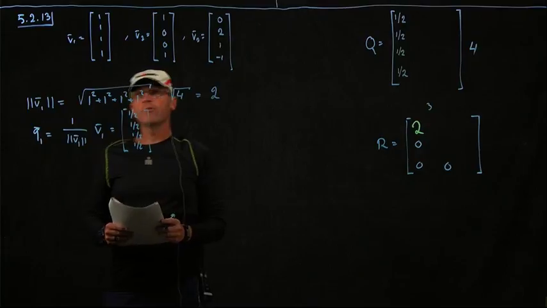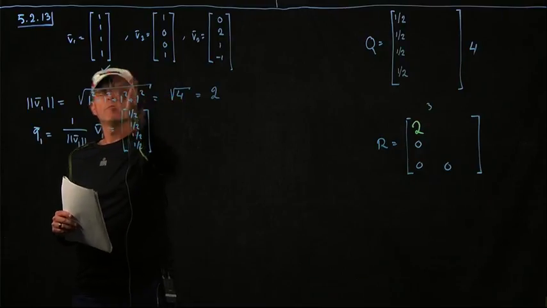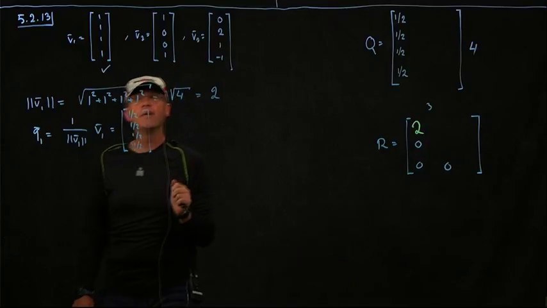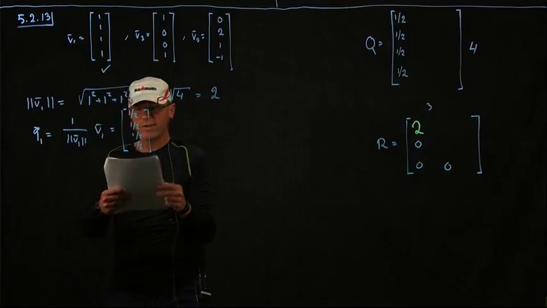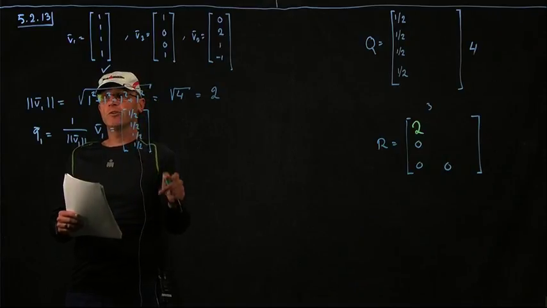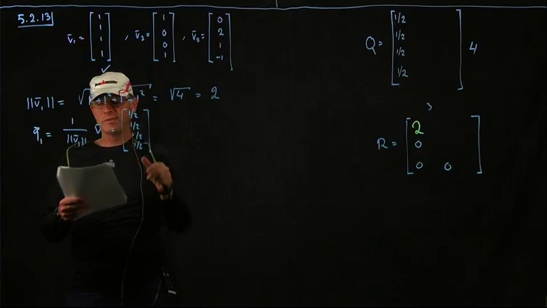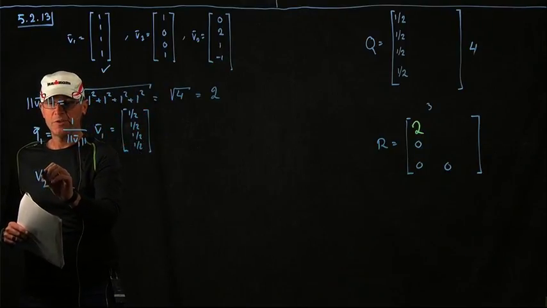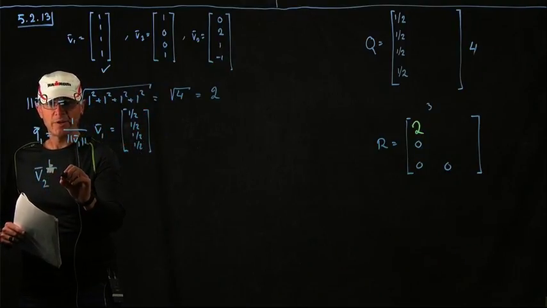Then the next thing we want to do is, so we're done with V1. We want to pick the next vector V2, and we want to figure out the piece of V2 which is perpendicular to V1, or equivalently to Q1. That is, we want V2 perpendicular.